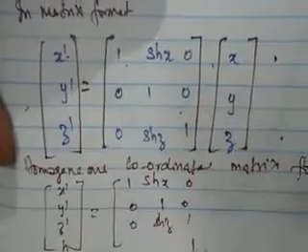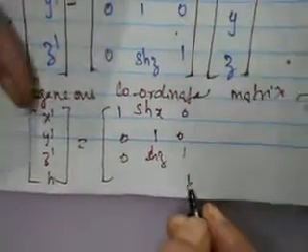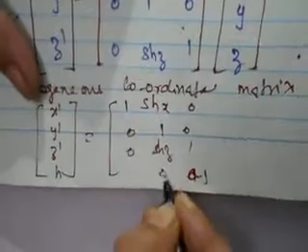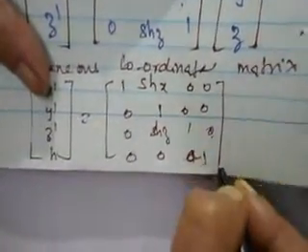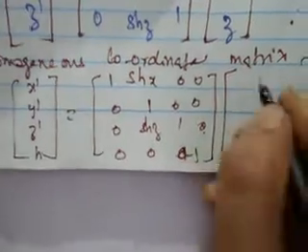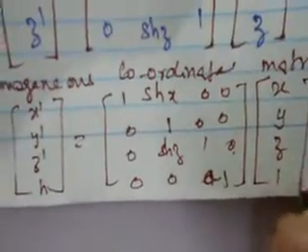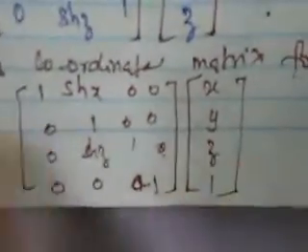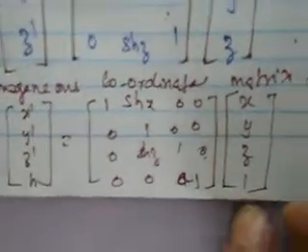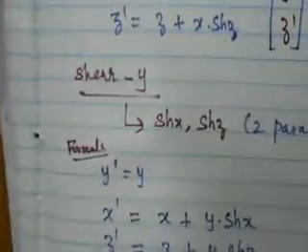Along with that we add one more dimension and fill the remaining values with 0. Then the old coordinates x, y, z, and then the homogeneous coordinate value 1. So this is the homogeneous coordinate matrix form for shearing with respect to y in the 3-dimensional plane. Thank you.